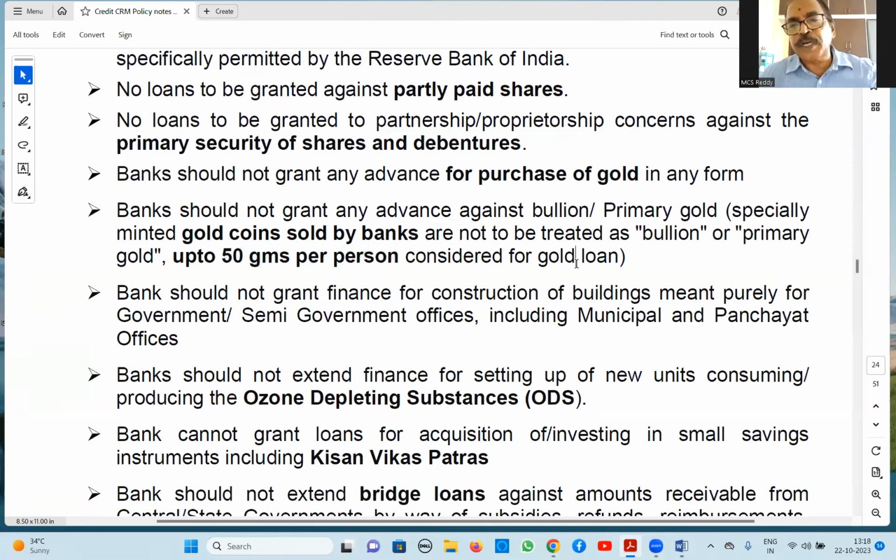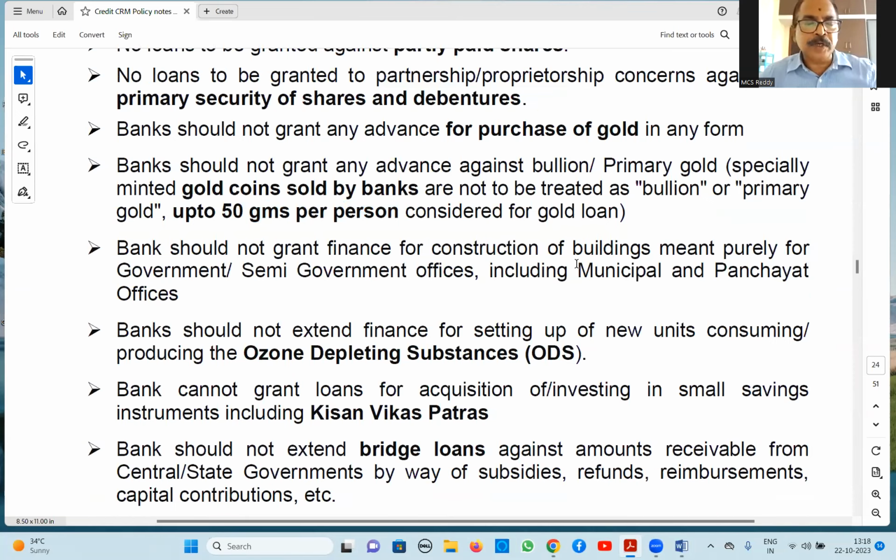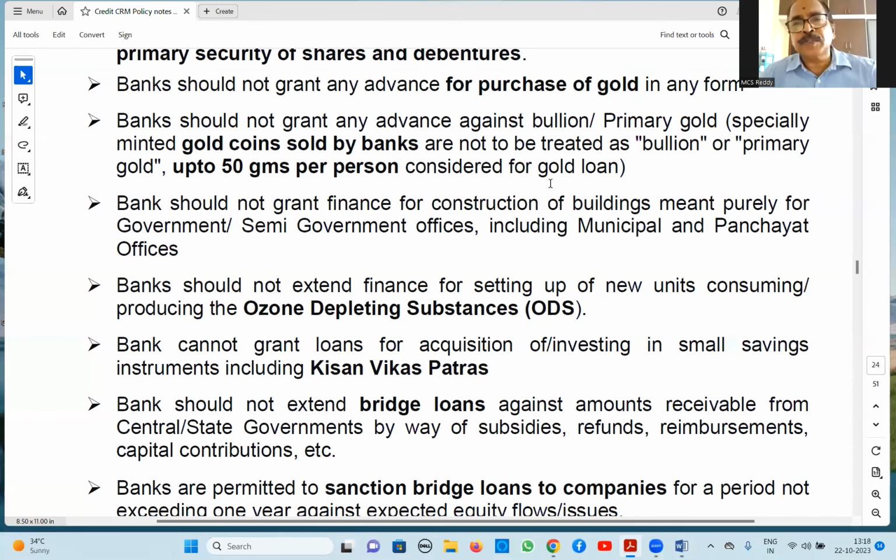Against others, you should not sanction. Against bars or bullion, coins or bars or biscuits, against gold biscuits, no loans. Only ornaments we will keep for gold loan purposes. Up to 50 grams coins sold by banks we will also consider as security for gold loans.